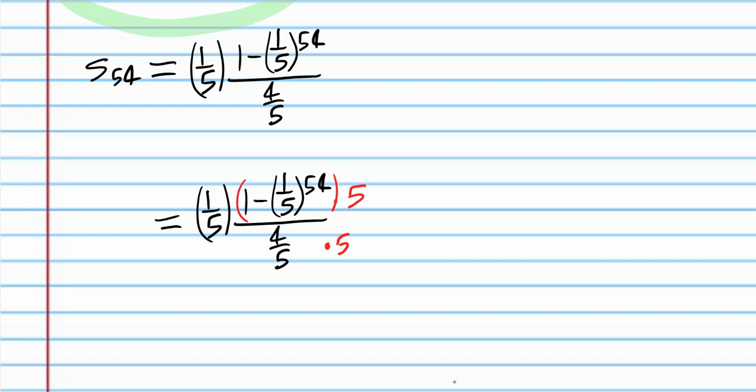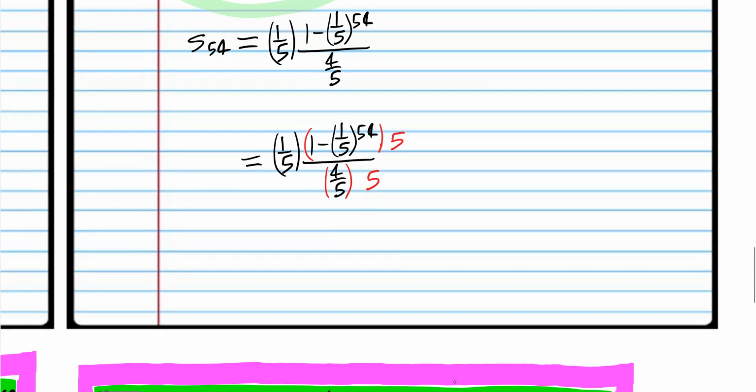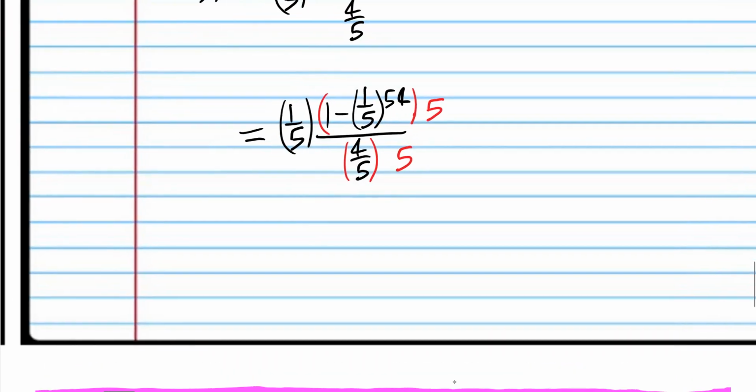And it's best to use parentheses in the numerator and probably the denominator. So this 5, because of the commutative rule, we can multiply and bring it over here, and it cancels out this 1/5.